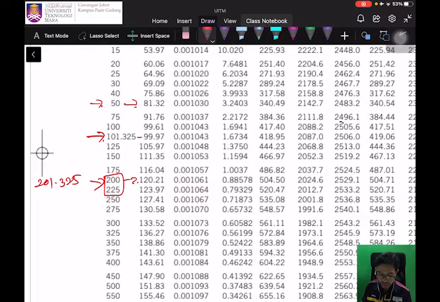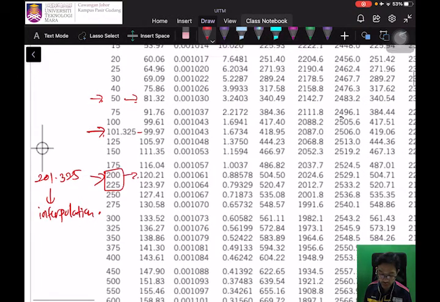So what you need to do is the interpolation method. The interpolation method is a tool to estimate a value between two values in a table or correlation equation.